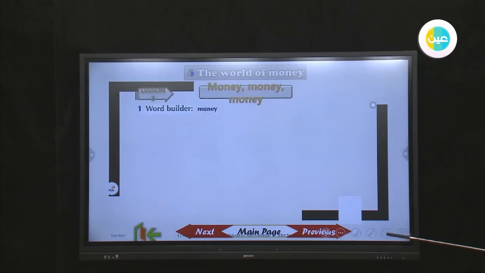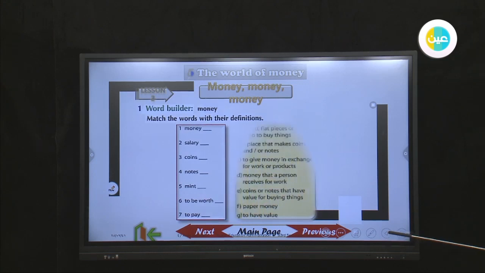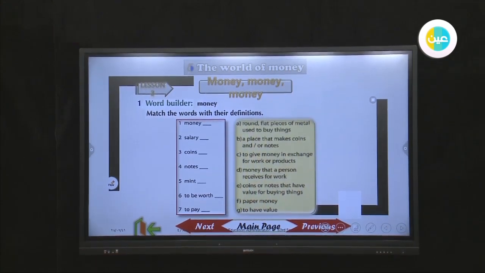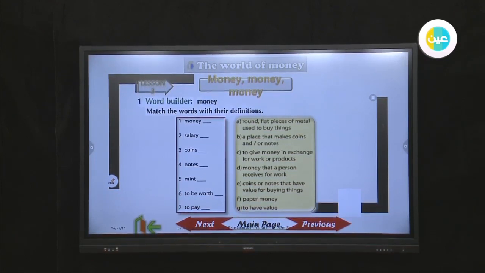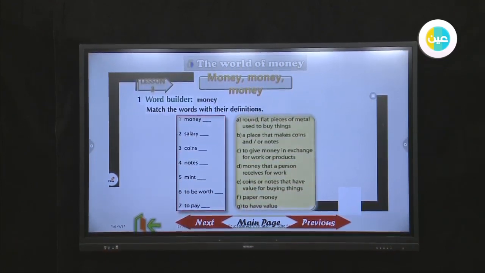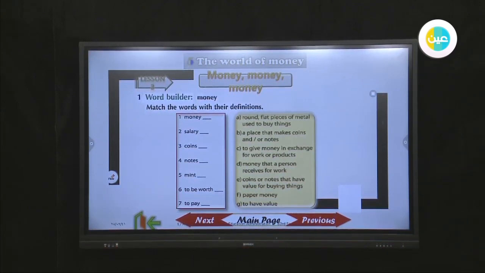Let's use these words to know what the meanings are. From 1 to 7, I will read it. Money, salary, coins, notes, mint, to be worth, to pay.